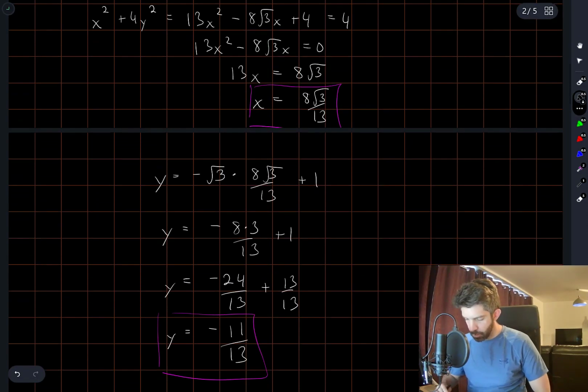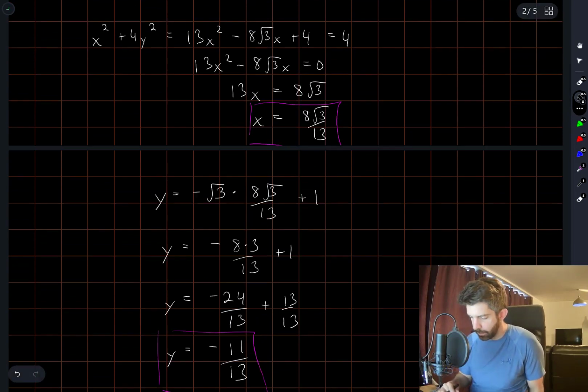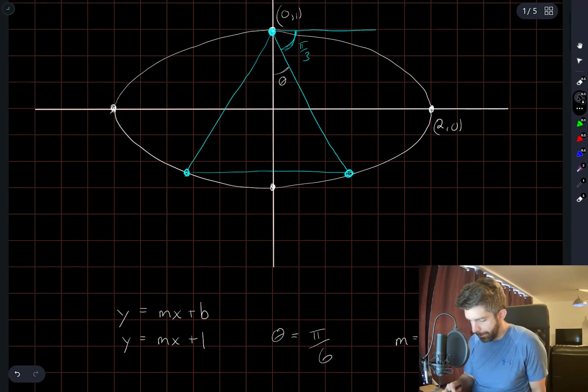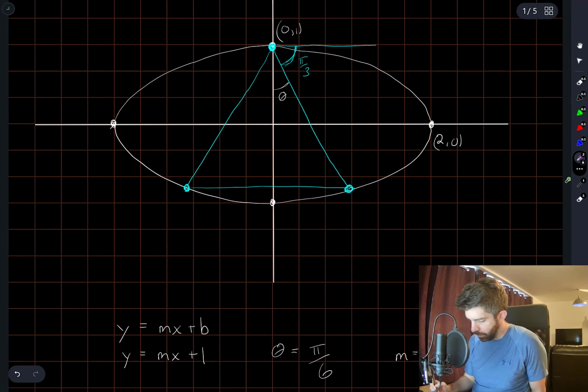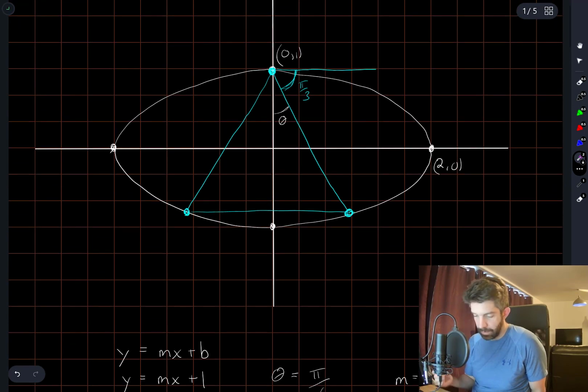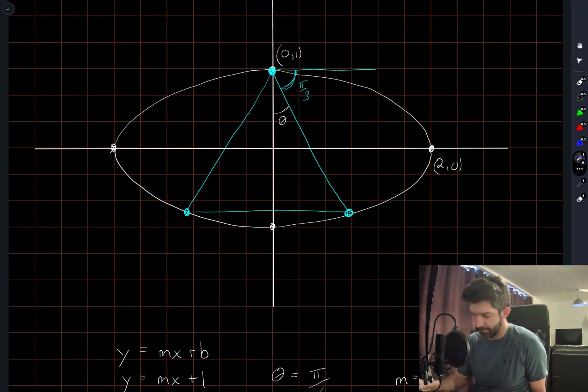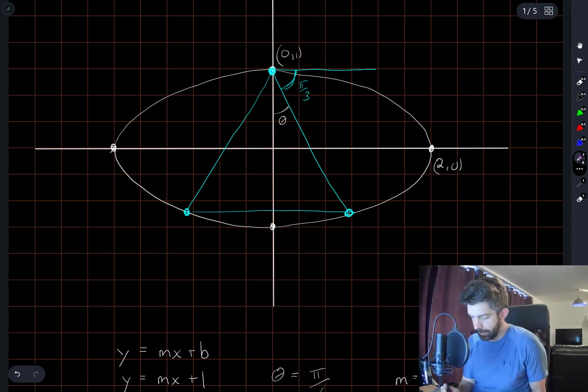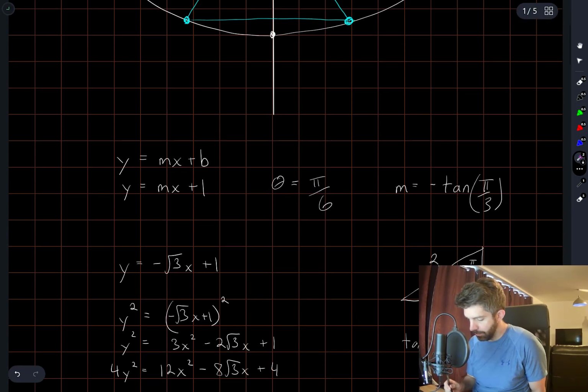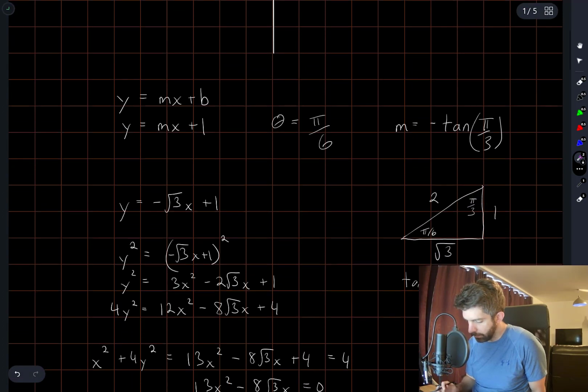Okay, so I think I found the coordinates of this point that I'm looking for. A couple things that I hope I did right here. To find the slope of this line, I drew the 30-60-90 right triangle.